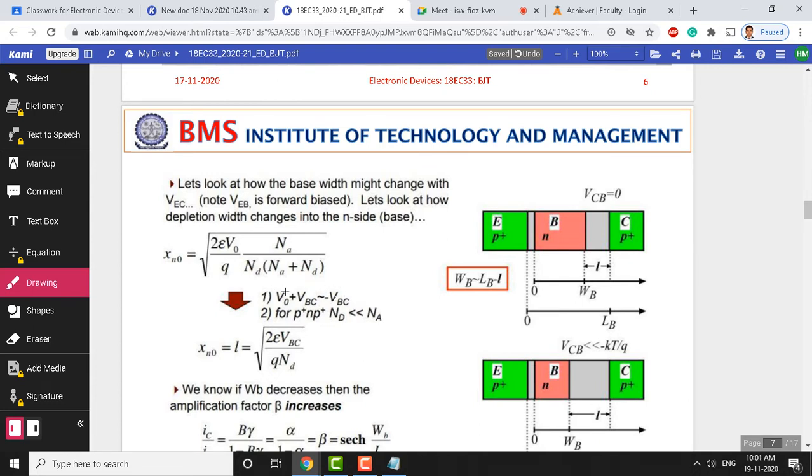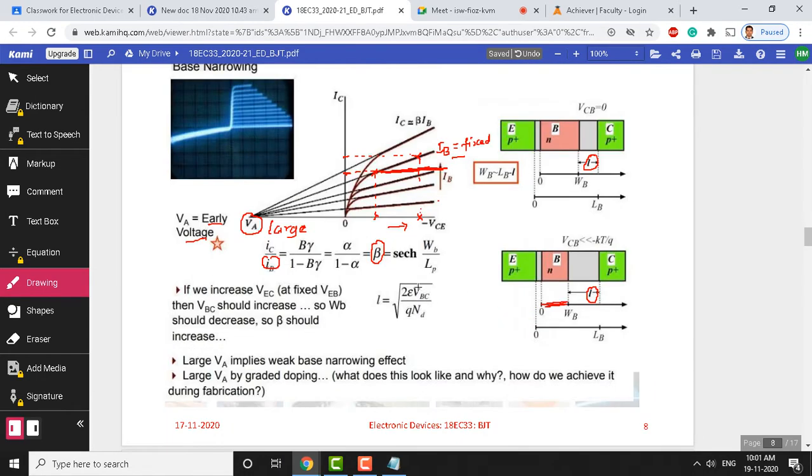When the reverse voltage is larger than the built-in voltage, we can substitute V naught as VBC, avoiding the negative sign, and for this P plus N P plus transistor, ND will be very small compared to NA. Therefore this ND becomes negligible, this NA cancels with this NA, and V naught becomes equal to VBC. So Xn naught, this small l, now becomes equal to this formula.